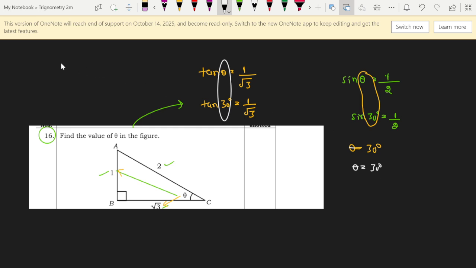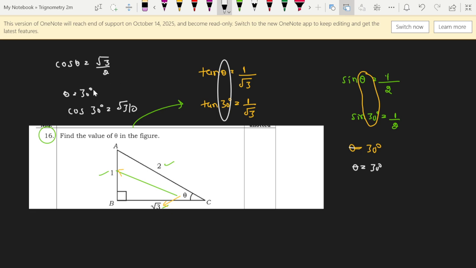Again, if you take cos theta, what is cos theta? That is root 3 by 2, right? For what value of theta will cos theta be root 3 by 2? If you substitute theta is equal to 30 degrees, you will get cos 30, and cos 30 is root 3 by 2.